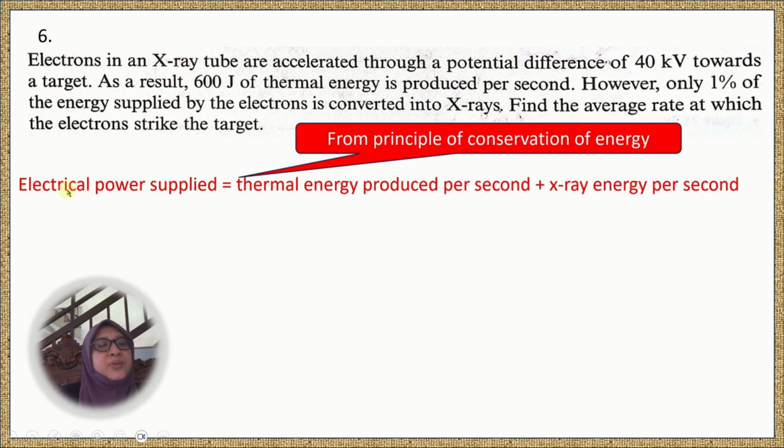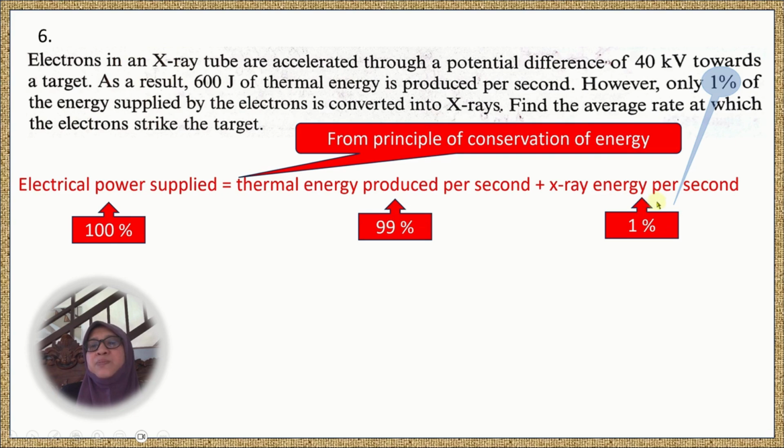So we can also use electrical power supplied equals to thermal energy produced per second plus the X-ray energy per second. So the X-ray energy produced is only 1%. The thermal energy produced, that means is 99%. So the electrical power supplied is 100%.